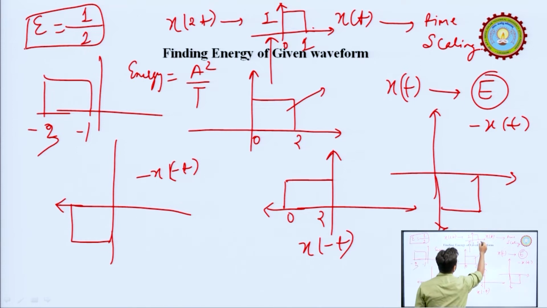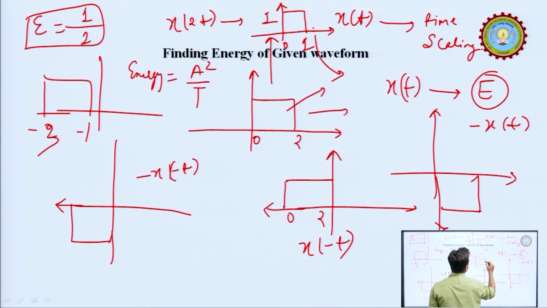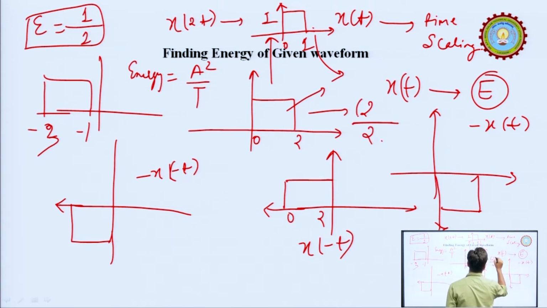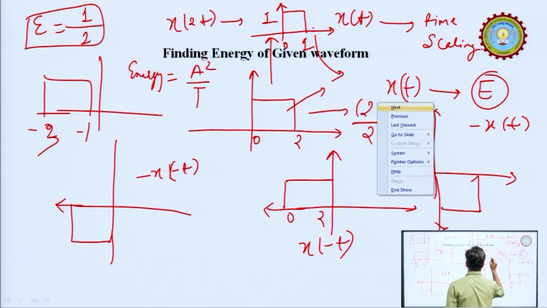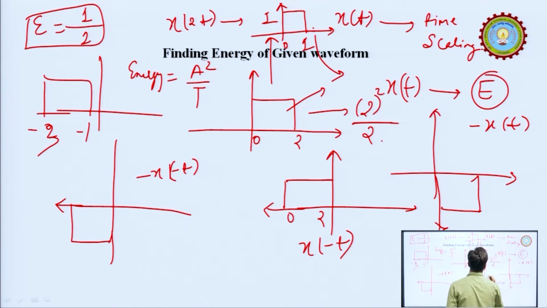And what is the energy for the original signal? Find the area square. It was 2 upon time duration, area squared 2, 4 upon 2, it is 2.